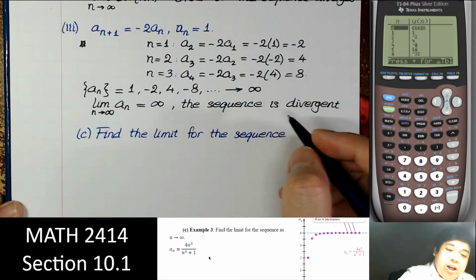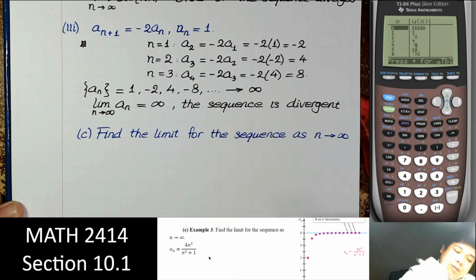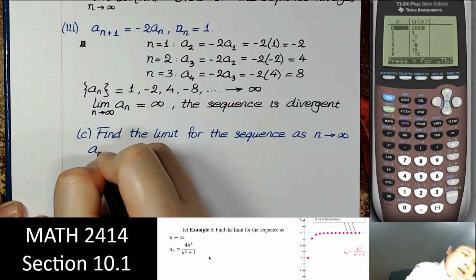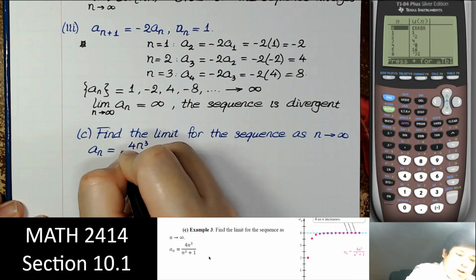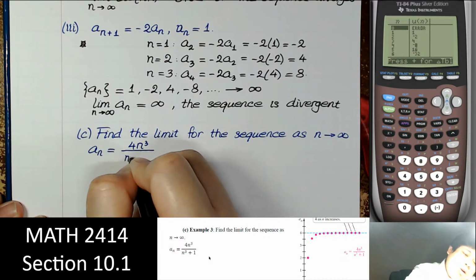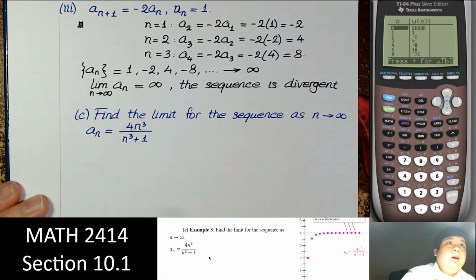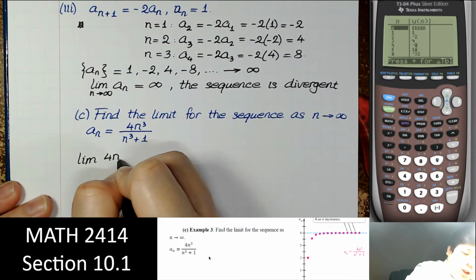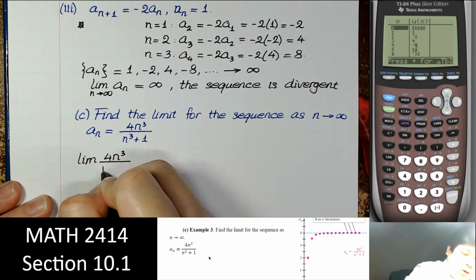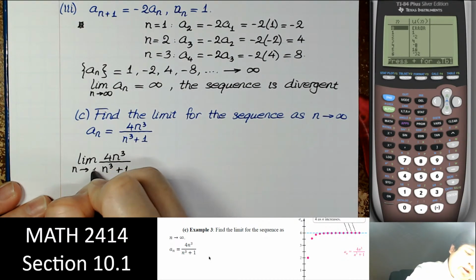We don't even need to say as n goes to infinity. Now, if the sequence is 4n cubed over n cubed plus 1, so we just find the limit of 4n cubed over n cubed plus 1 as n goes to infinity.